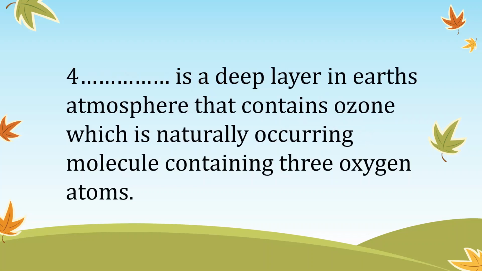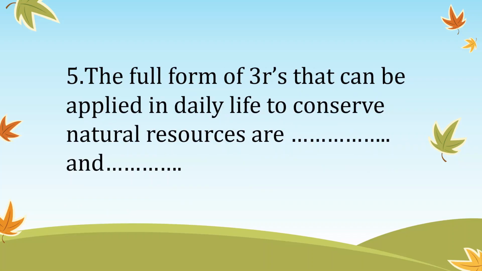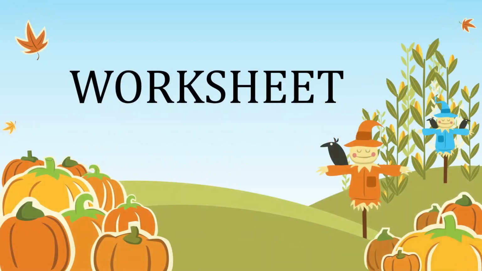Fourth, dash is a deep layer in Earth's atmosphere that contains ozone, which is a naturally occurring molecule containing 3 oxygen atoms. Answer, ozone layer. Fifth, the full form of 3 R's that can be applied in daily life to conserve natural resources are reduce, reuse and recycle.